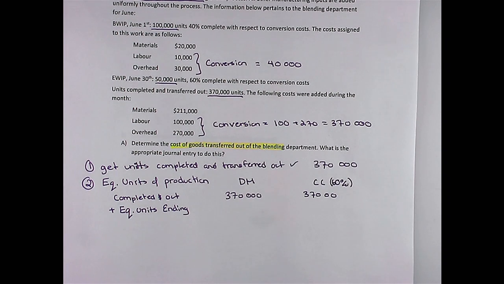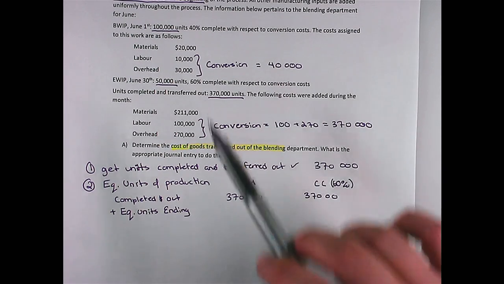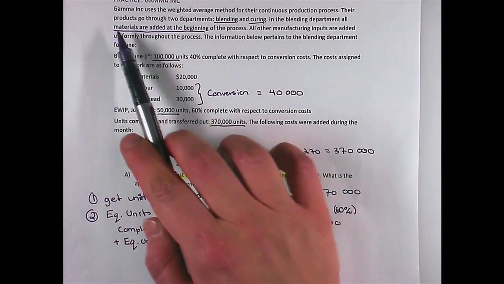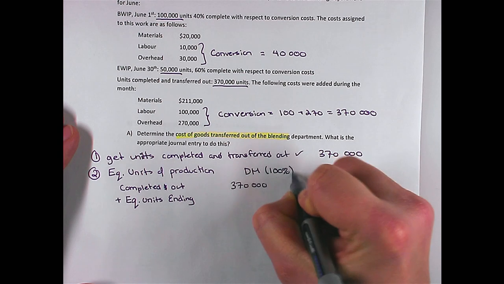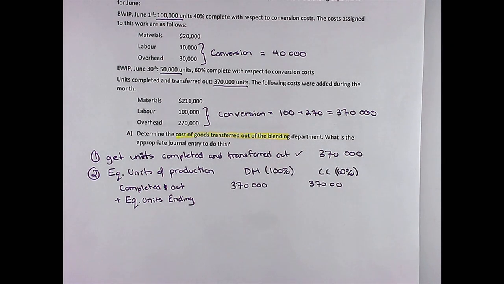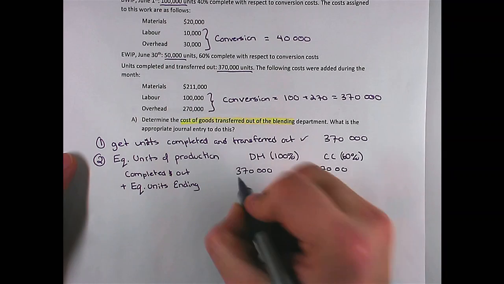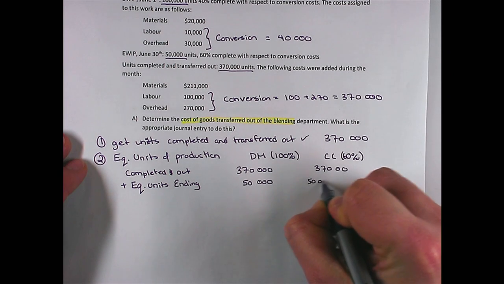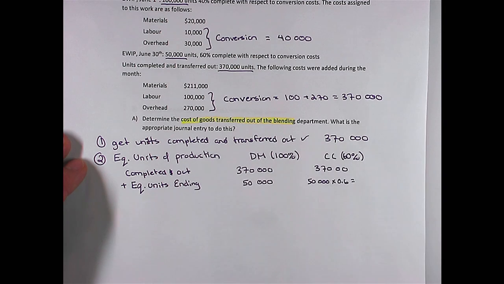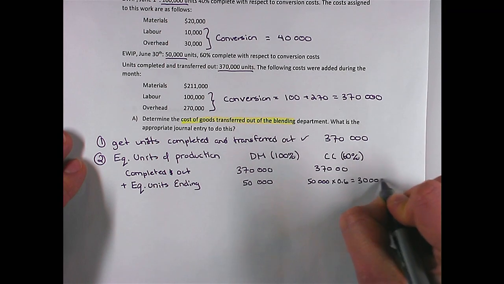With the direct materials, though, we want to keep in mind that as soon as we started the process, the materials were added at the beginning, which means that even if there's 50,000 items sitting in our ending inventory, they're going to be 100% complete with respect to direct materials because we added that as soon as we started making them. And so when we look at our equivalent ending units, that's going to be that 50,000 for our direct materials. But for our conversion costs, it's going to be that 50,000 times 0.6. So it's going to be our 30,000 there.